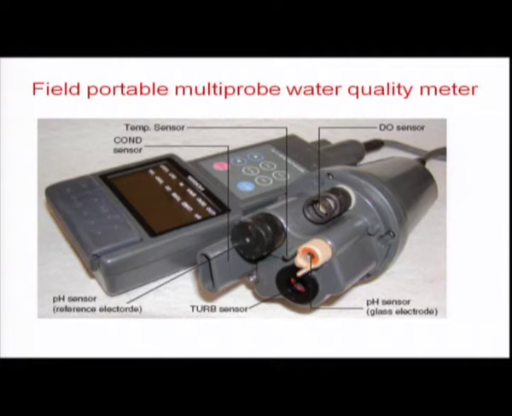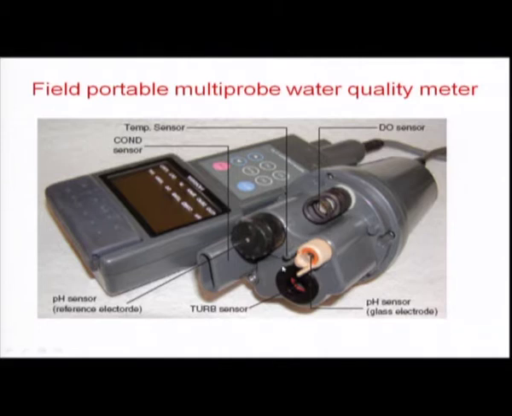With the advancement of technology, nowadays portable instruments are available, in fact a field instrument used for multi-probe analysis. With one meter we can insert, as shown here, different probes simultaneously. You can measure all this. For example, there is a pH sensor with a glass electrode, a DO meter, dissolved oxygen meter, and a turbidity meter, and a temperature sensor.